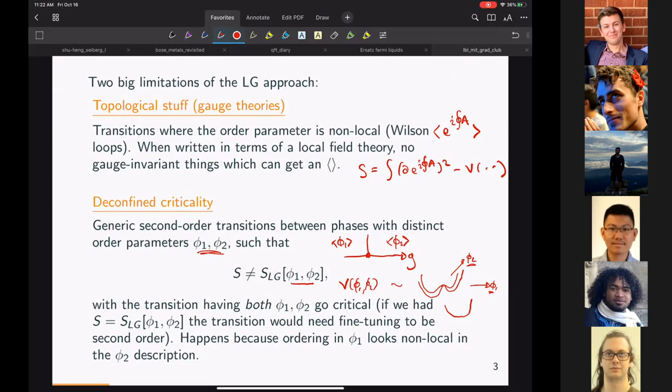And so it's impossible to write down an action where both phi1 and phi2 are local in the case of deconfined criticality. And so you can't write down any kind of Landau-Ginzburg action for these fields. So in that sense, it's violating the assumption of Landau-Ginzburg theory again, because Landau-Ginzburg theory requires you having these local fields transforming under the symmetry.